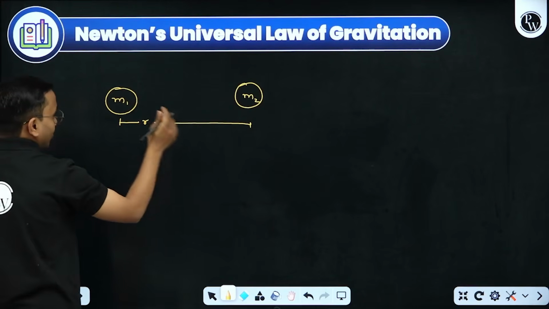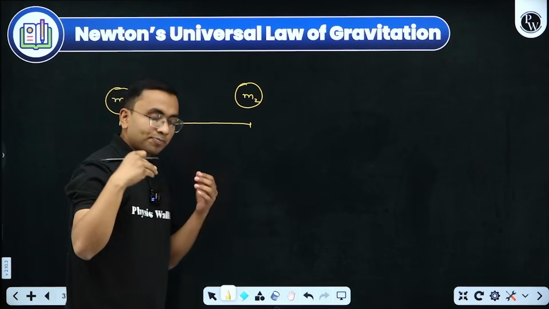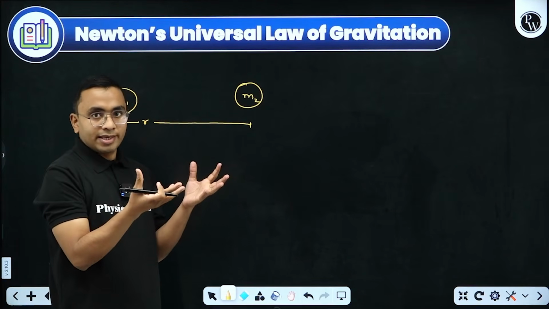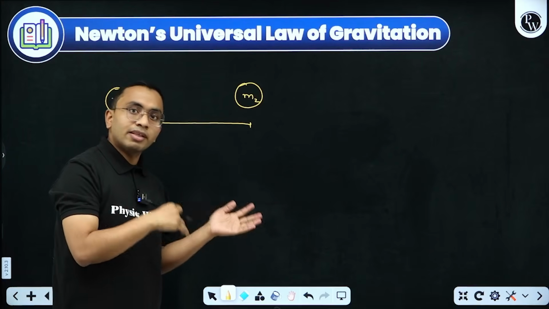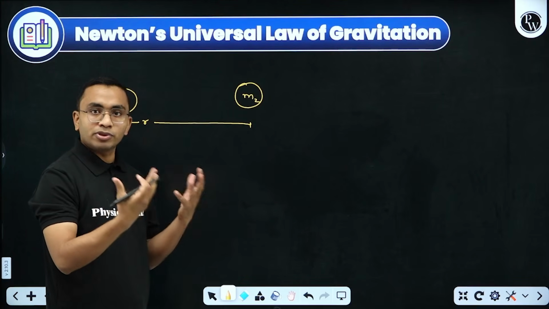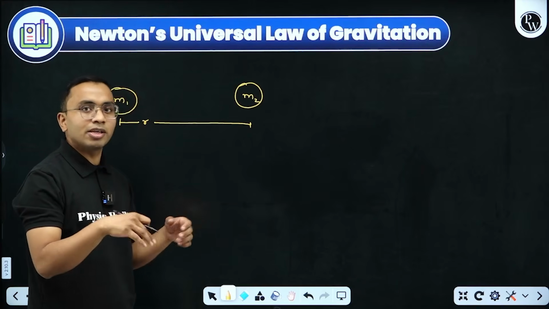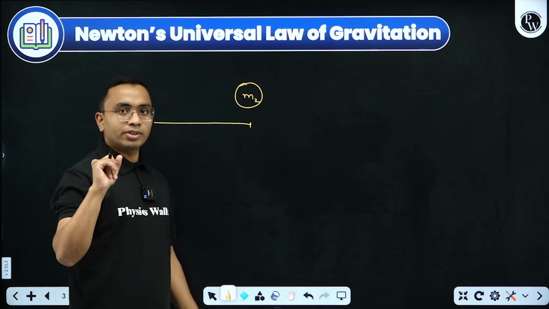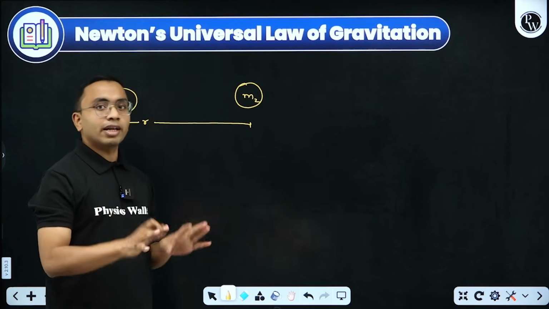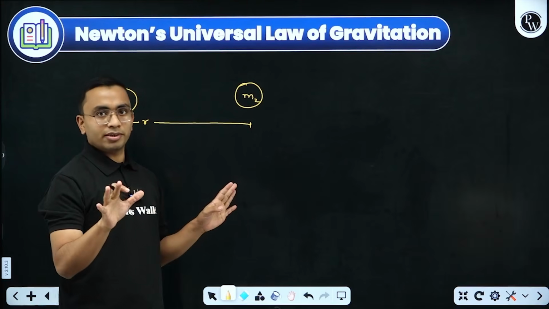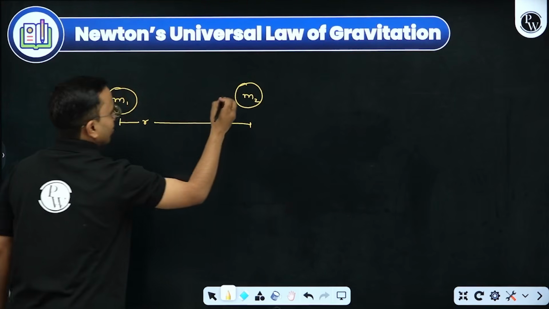The force between them, they will attract each other. Like in electric charges' case, there were positive charges as well as negative charges. Opposite charges will attract and similar charges will repel. We have understood that concept, but in gravitation only attraction will be there. No repulsion is there, so they will be attracting each other.